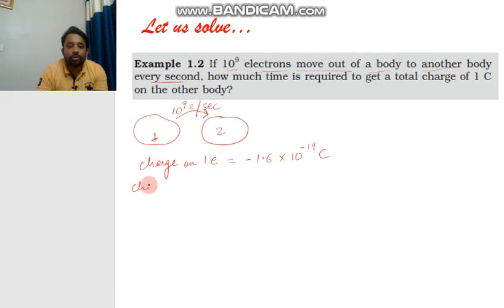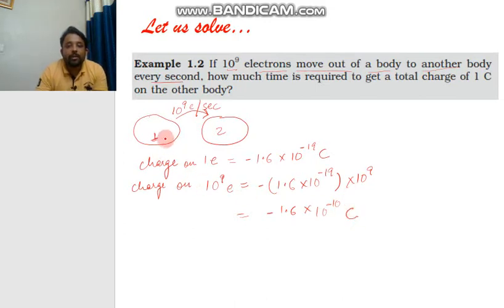So charge on 10 power 9 electrons will be this value multiplied by 10 power 9. So it is negative of 1.6 into 10 raised to power minus 10. So this is the amount of charge which is getting transferred from body 1 to body 2 in 1 second.